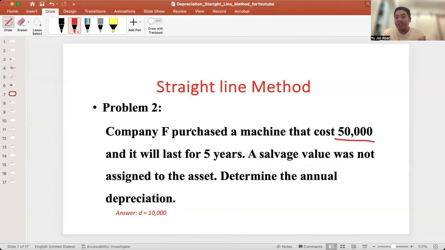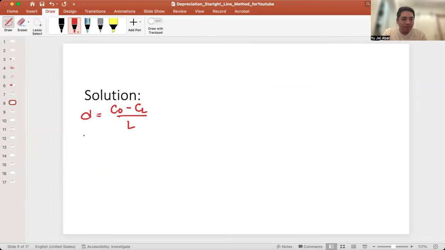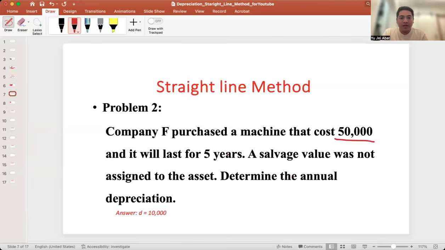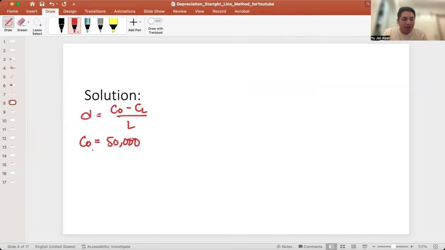Company F purchased a machine that costs 50,000, so that will be your first cost or your original cost. And the problem says that it will last for 5 years, so we have a useful life of 5 years.